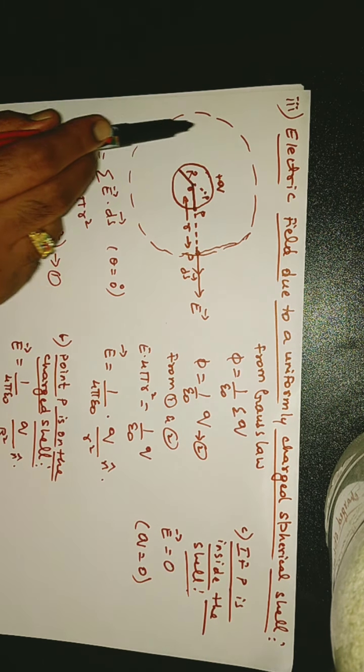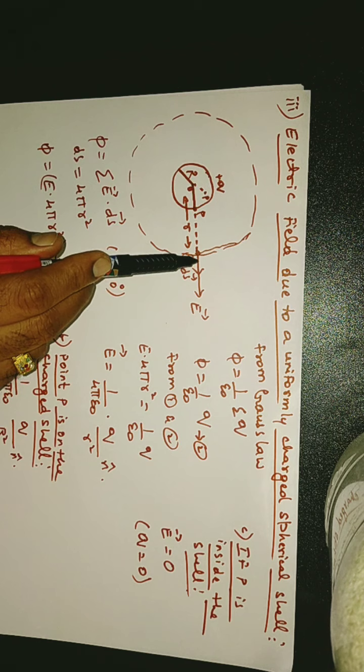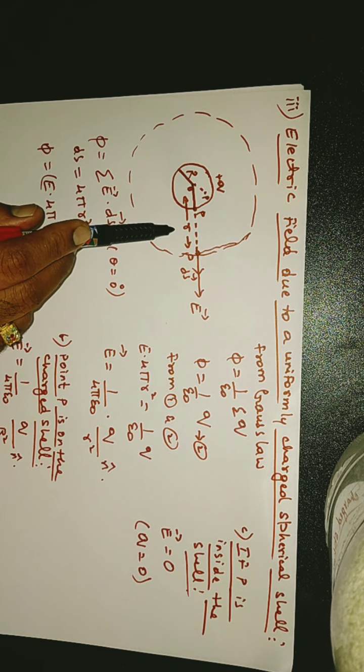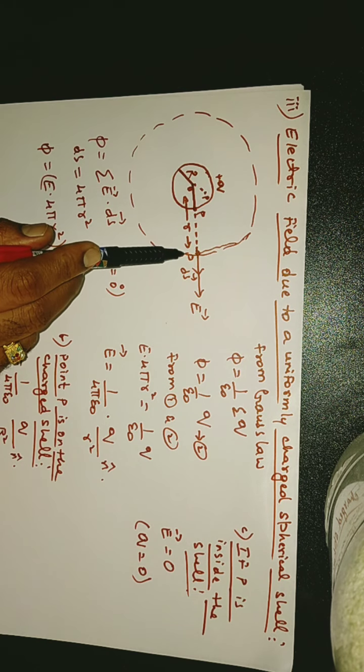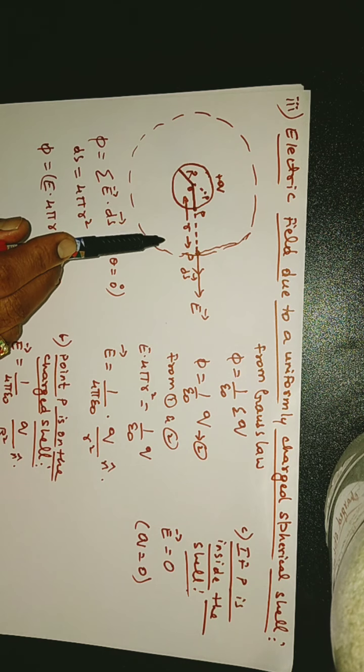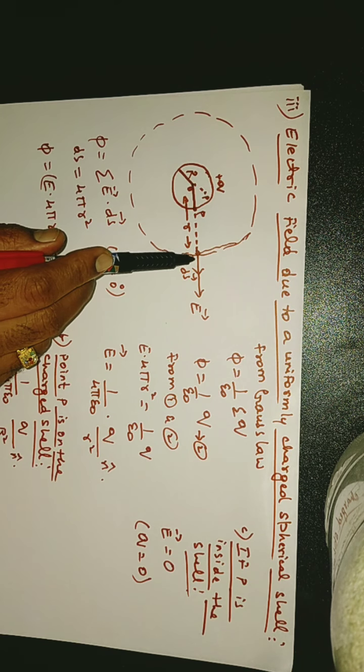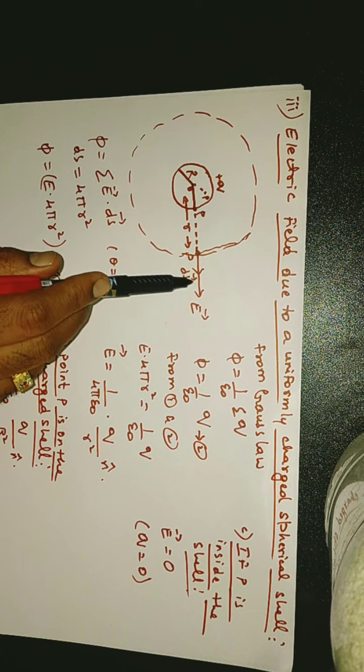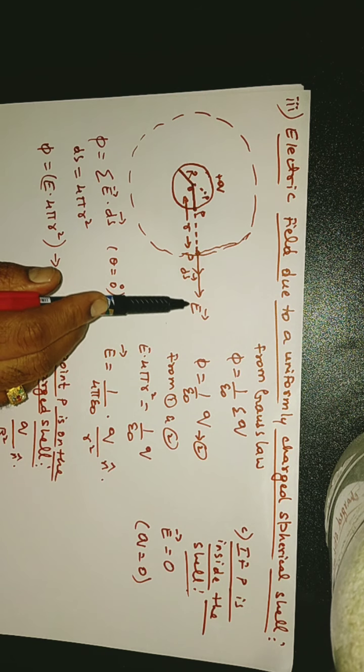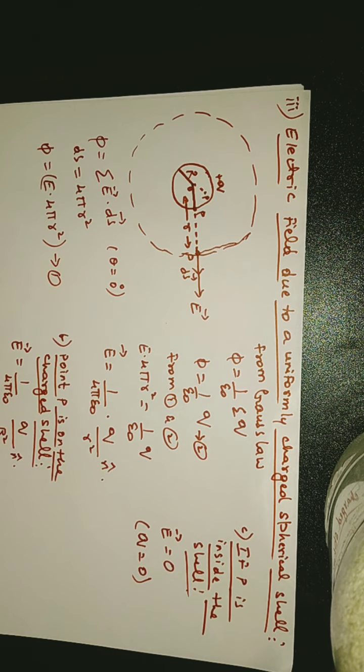So we assumed a Gaussian surface sphere here of radius equal to r, such that the point P is on the surface of the Gaussian surface. So at point P the electric field is along the normal to the Gaussian surface. That means the angle between E and ds would be 0 at point P. So phi is the sum of E dot ds.